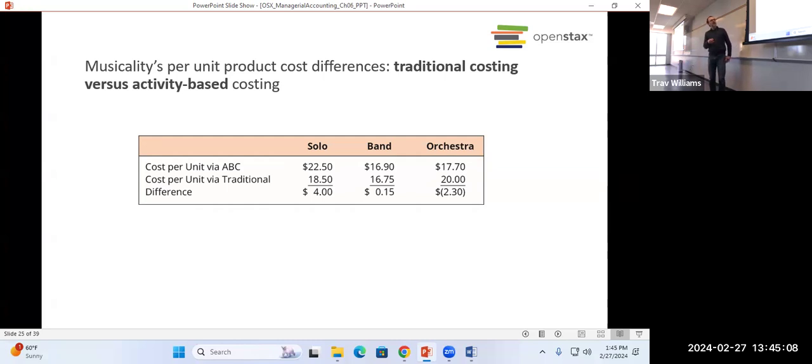But with the solo product, it was a $4 difference in overhead per unit, depending on the method used. And with the orchestra product, $2.30 per unit. So for this company, I would say the ABC method is worth the extra time and effort to get a more accurate view of what's going on with your overhead.